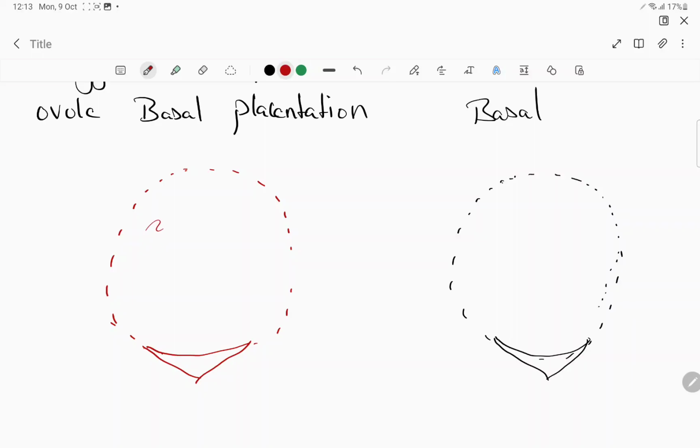If you see, the 5 petals are united: one, two, three, 4 and 5.